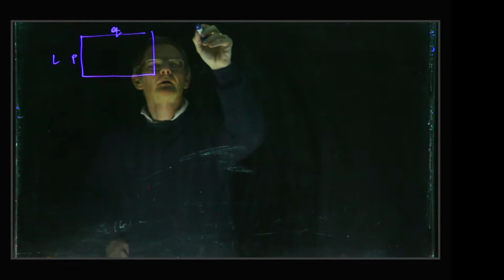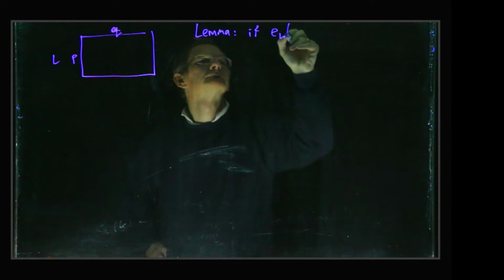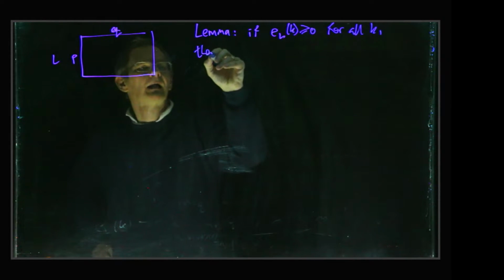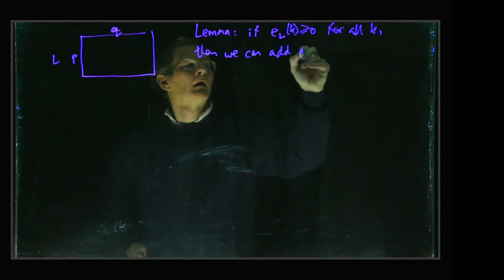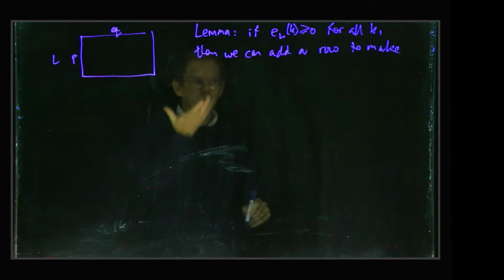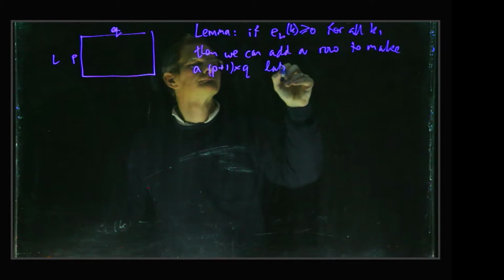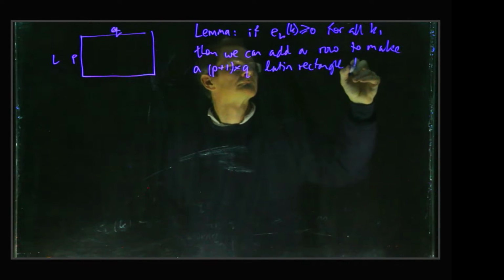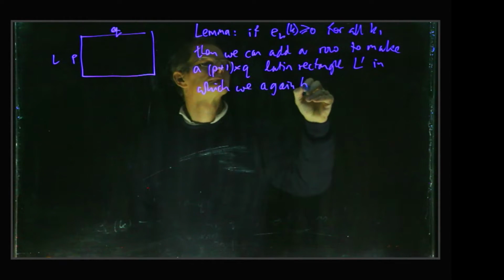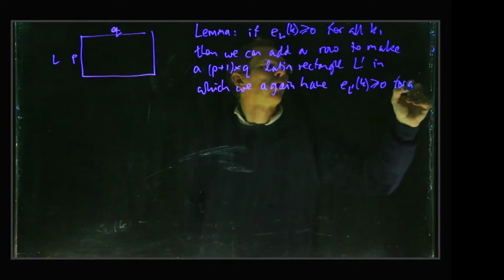We're going to prove this lemma, which says that if E_L(k) is greater than or equal to 0 for all k, then we can add a row to make a p plus 1 by q Latin rectangle L' in which we again have E_L'(k) greater than or equal to 0 for all k.